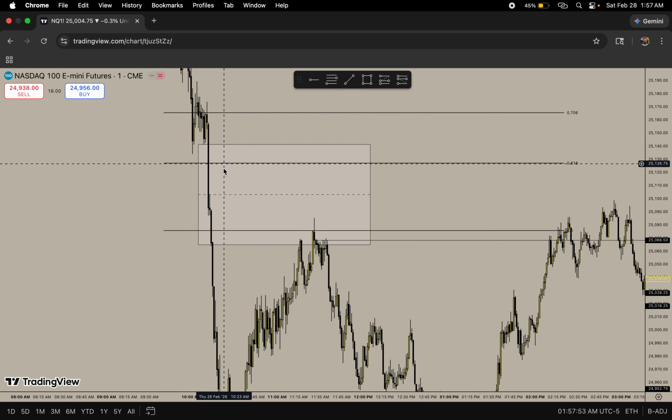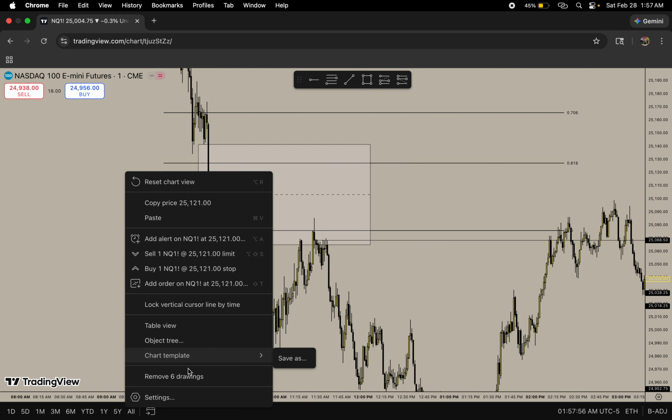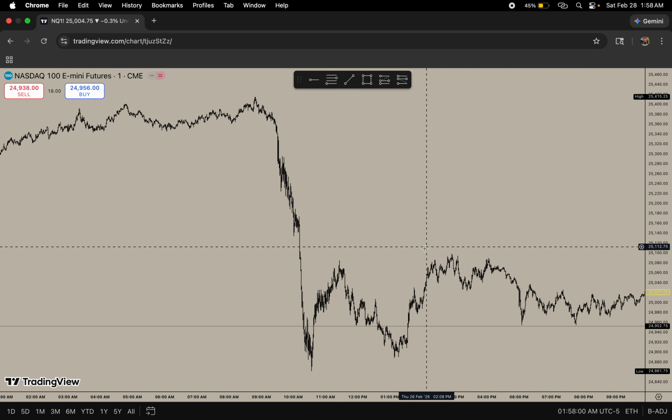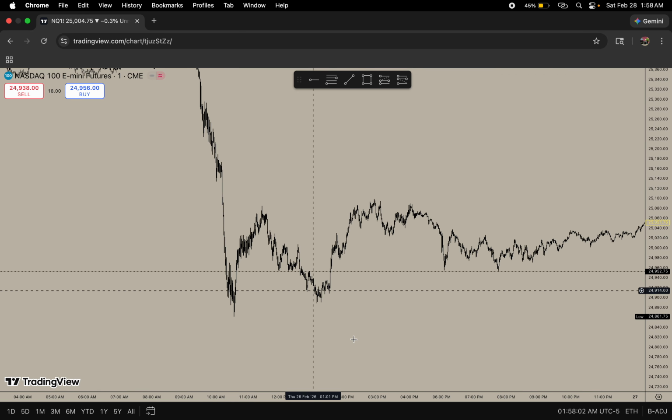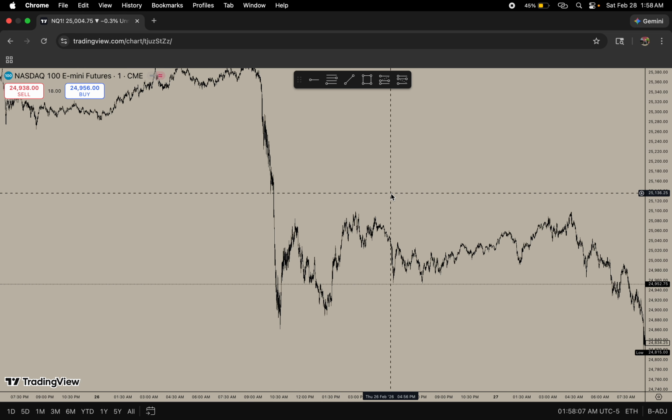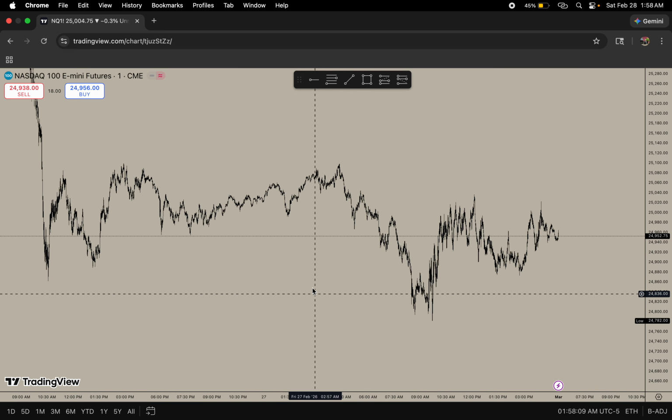And it's kind of self-explanatory after having such a large move down like that. Price is going to try to rebalance something within that leg down and continue either going down further and then reversing back up before going back down.